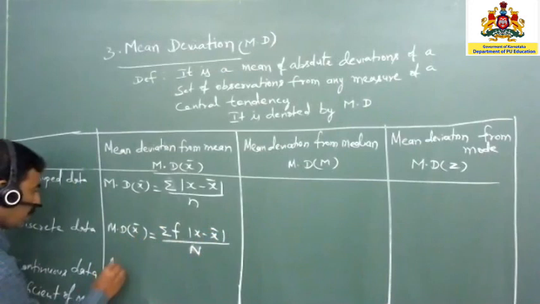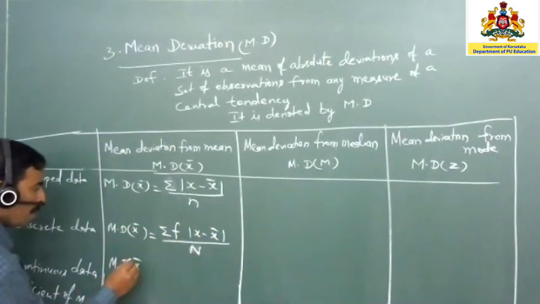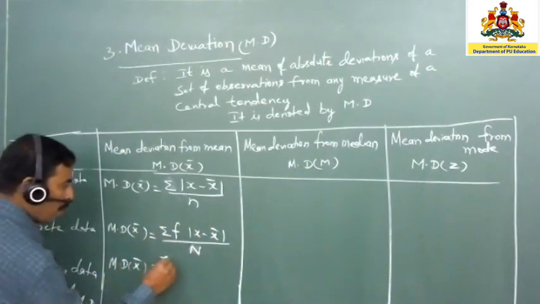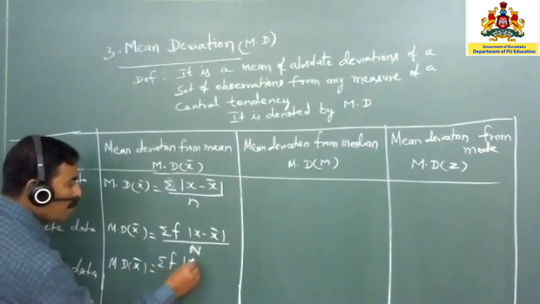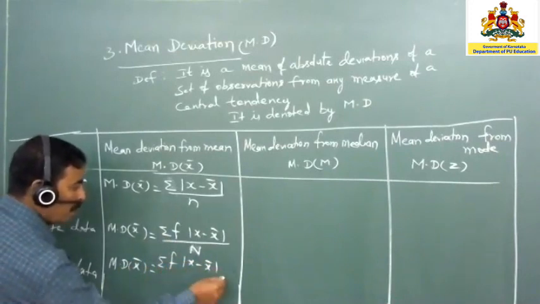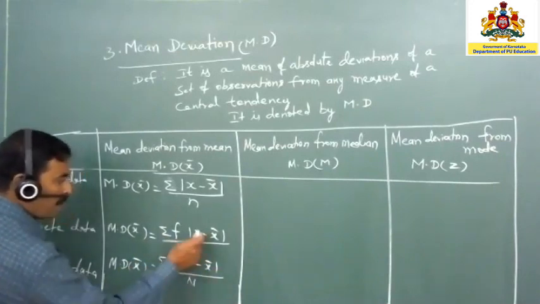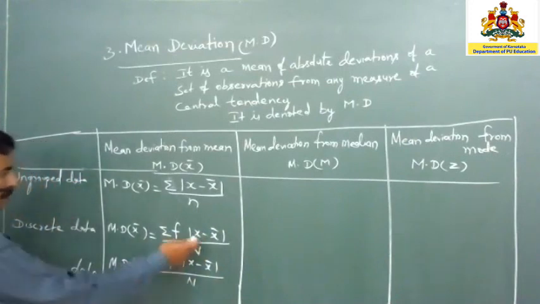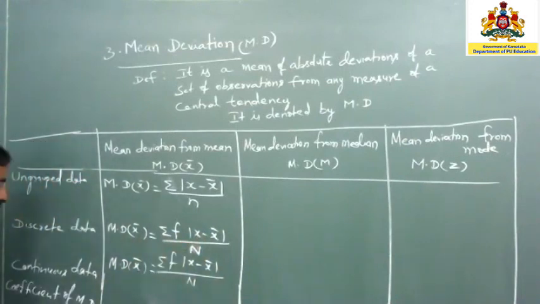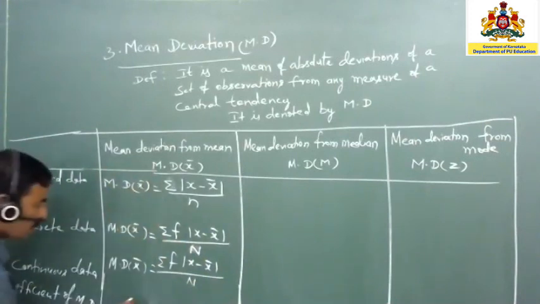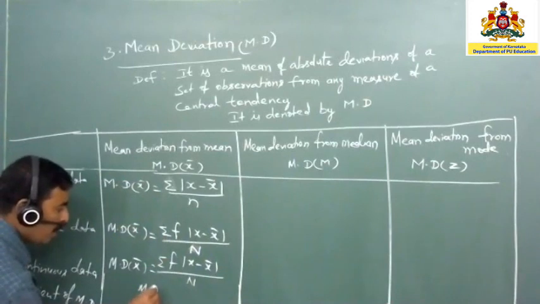Mean deviation from mean for continuous data, same formula, here x values are mid values. Coefficient of mean deviation from mean is mean deviation from mean by mean.